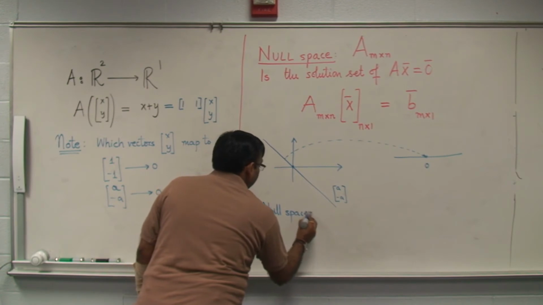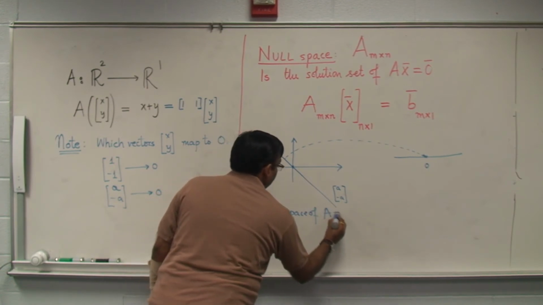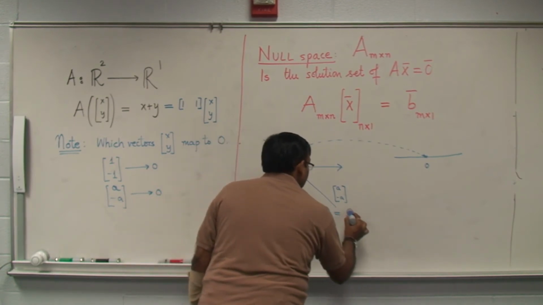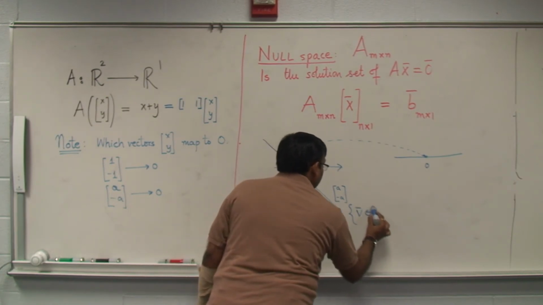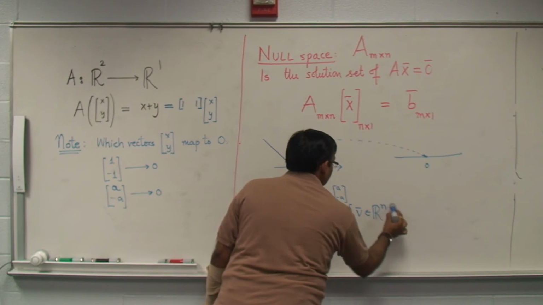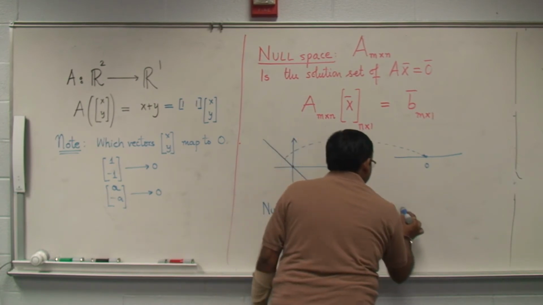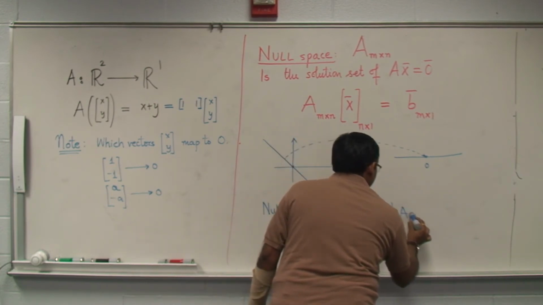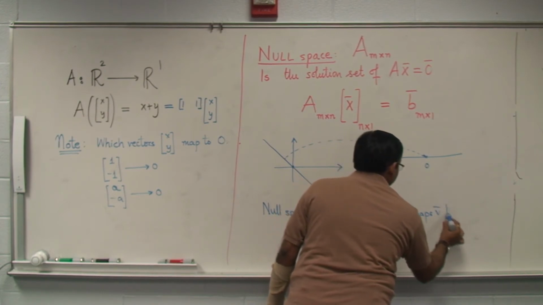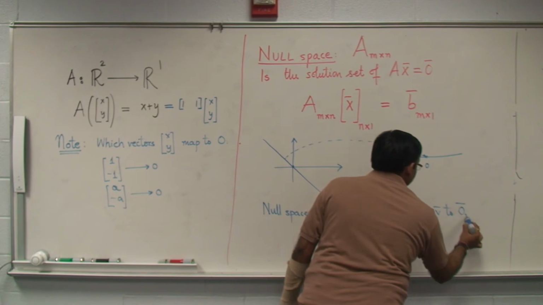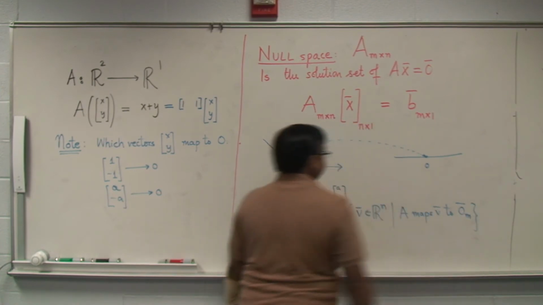Null space of A is all those vectors v in Rn such that A maps v to the 0 vector.